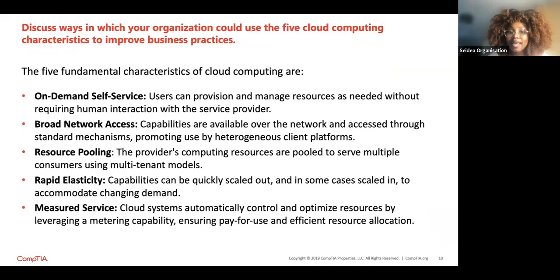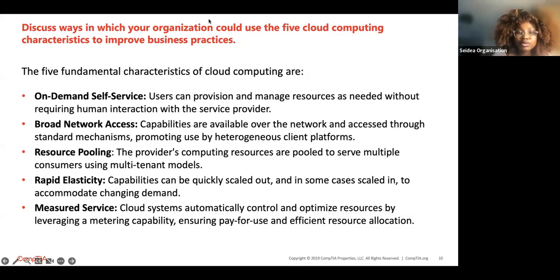Now, going back, it feels like I'm going to be sounding like a broken record, but going back to the five fundamental characteristics which was mentioned, your on demand, which is users provisioning and managing resources as and when needed without requiring human interaction with the service provider. Also, we talked about the broad network access, which was mentioned. So capabilities are available and accessed, promoting the use of heterogeneous client platforms.